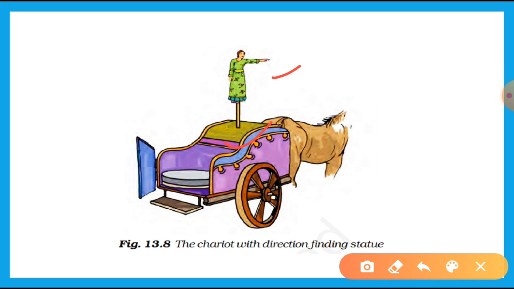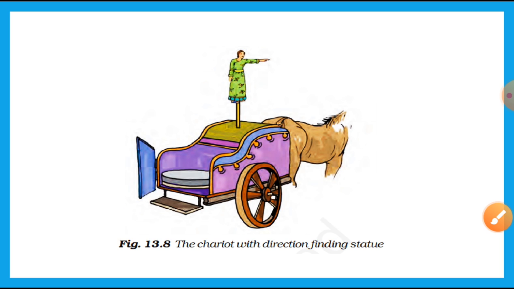So in this manner, this statue of a lady was helping the king find the direction. What do you think? Why was it so? It was so because this statue had a magnet and the south pole of the magnet was in this arm. That's why this pointed arm was showing the south direction. Okay, so this was the story, students.